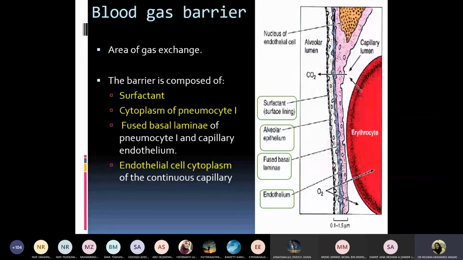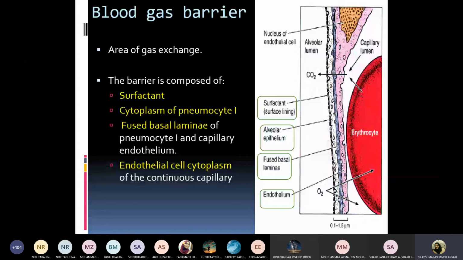The carbon dioxide will diffuse from the capillary, go through the basement membrane, through the type 1 pneumocyte, to the surfactant and out of the body. So that's how the blood gas barrier works.